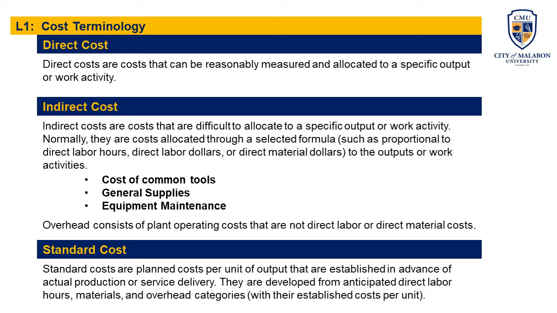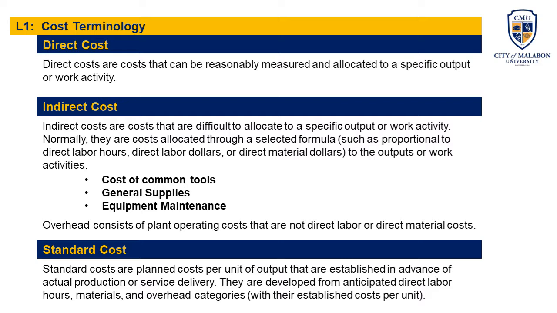Indirect costs, on the other hand, are costs that are difficult to allocate to a specific output or work activity. Normally, they are costs allocated through a selected formula, such as proportional to the direct labor hours, direct labor dollars, or direct material dollars to the outputs or work activities.